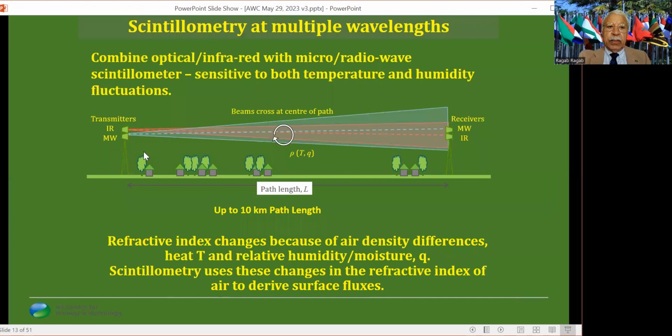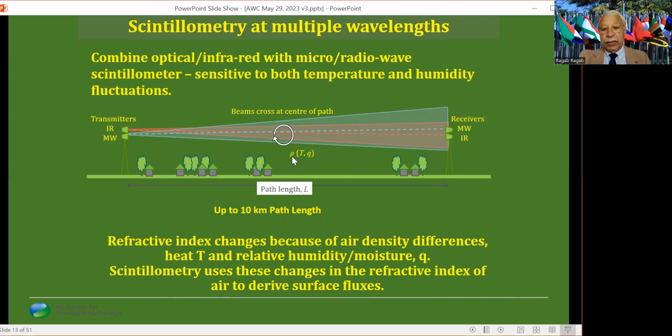The transmitter transmits optical infrared and microwave radio waves, and the receiver would be at the far end, which could be up to 10 kilometers away. And it looks at the change in the air density between the transmitter and the receiver.